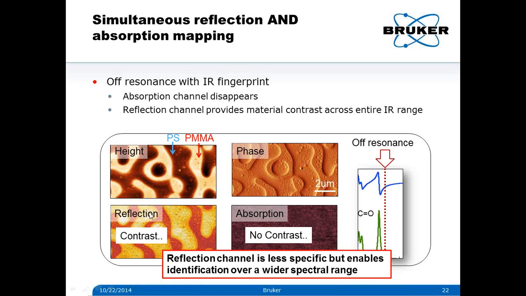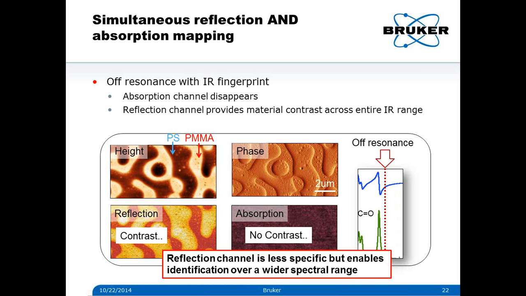And that means you can use the reflection channel also for alignment of your system. You want the highest signal in the reflection channel if you're sure that at this wavelength your system doesn't absorb, otherwise it could be a problem. But this is something that Inspire will give you.